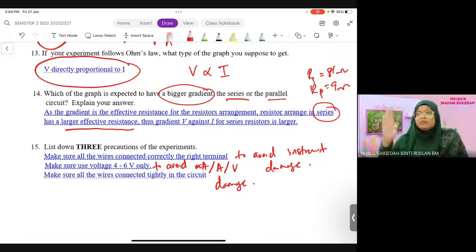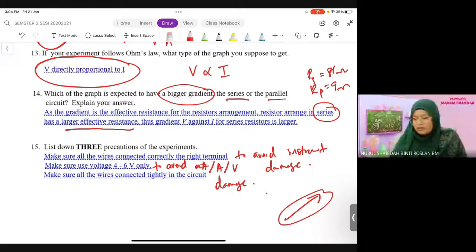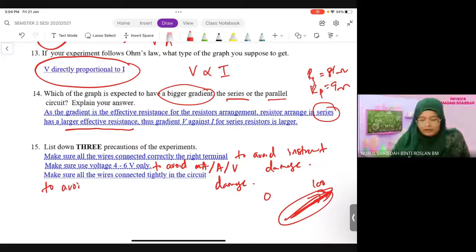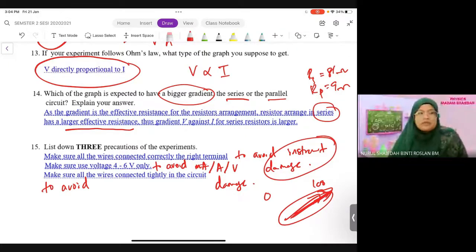Sebab kalau you buat besar, nanti dia punya bacaan tu ke sana, lama-lama benda ni rosak. Ni katalah 0, 100, dia asyik menuju ke sini je. So nanti dia punya spring dalam tu rosak. Okay, make sure all the wires are connected tightly in the circuit to avoid, sama je lah, instrument damage, ataupun to make sure the current can flow. So mesti ada perkataan to avoid ni.